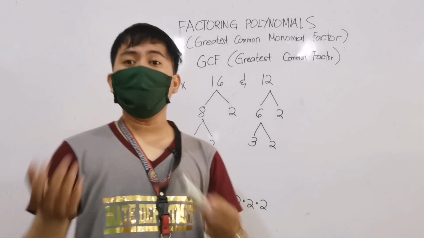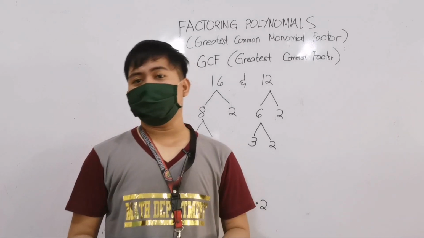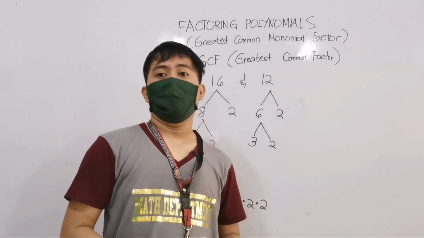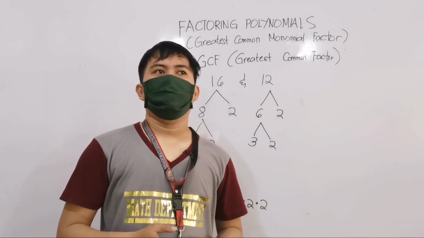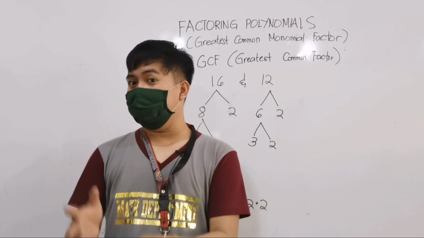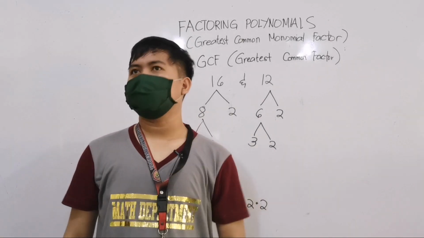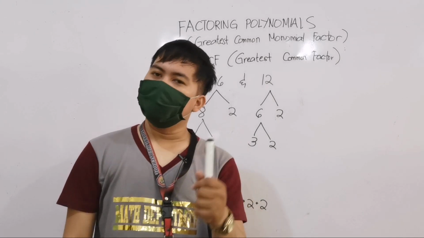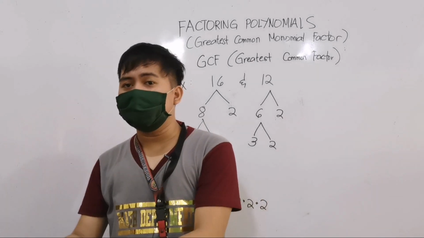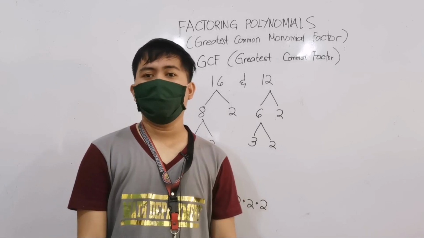No. Dahil may factors ang 4 na 4 and 1 at may factors din siyang 2 and 2. So, hindi siya prime number. How about 5? Yes, 5 is a prime number because the factors of 5 are only 5 and 1 at wala nang iba. How about 6? No. Bakit? Ang daming factors ng 6. 6 and 1 and 3 and 2. So, 6 is not a prime number.